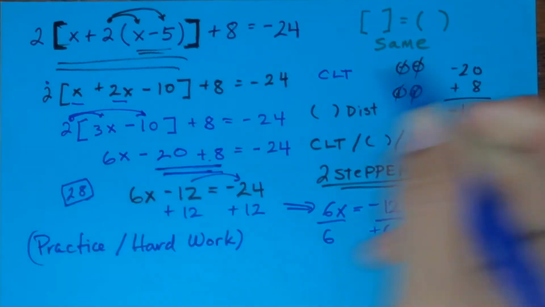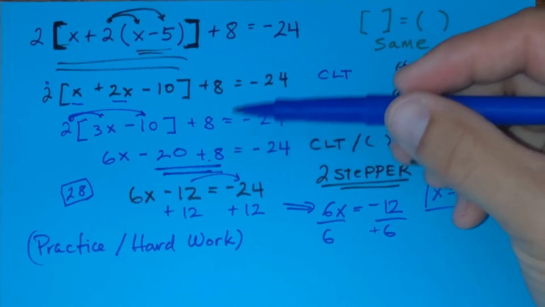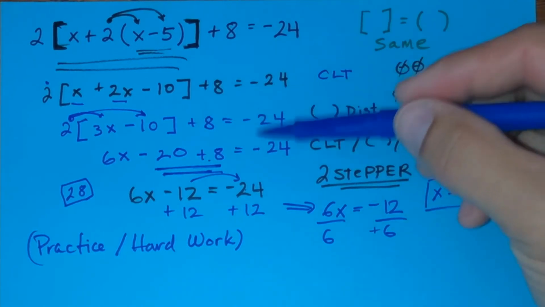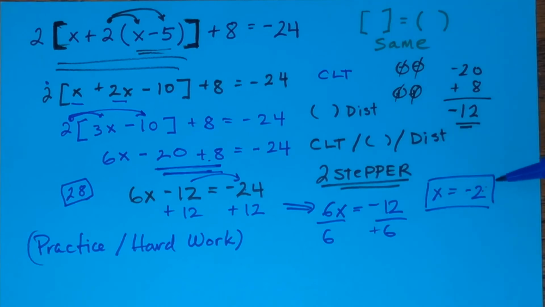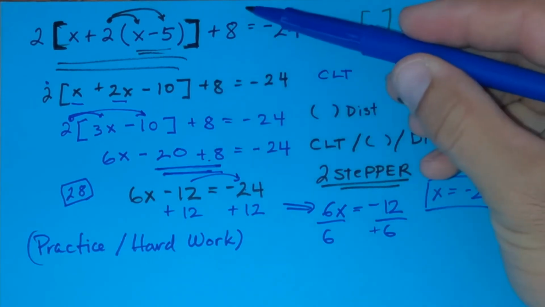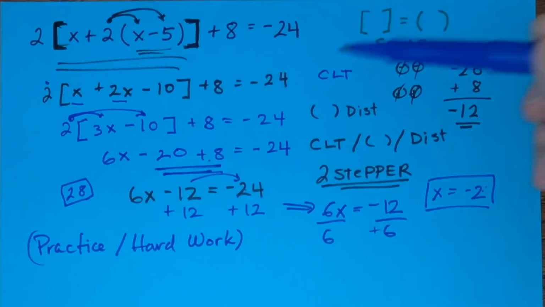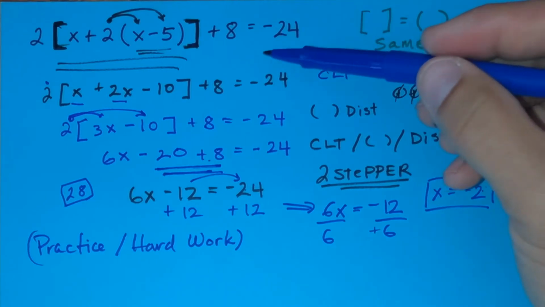Sometimes it's not even the strategy you used or the method you're working with or what you were doing first. It could just be a simple sign. So if it doesn't work out, just work back and try to find it. And a lot of times I just like totally rewriting it and completing the problem again. A lot of times you'll find it.